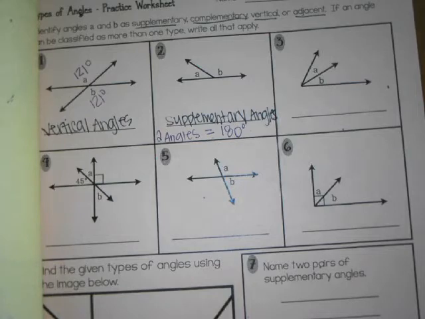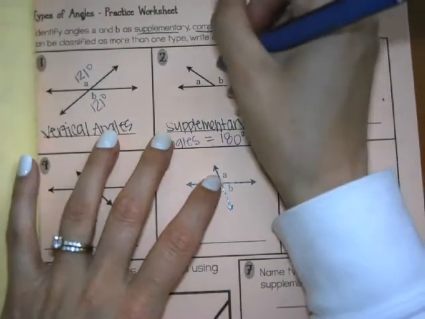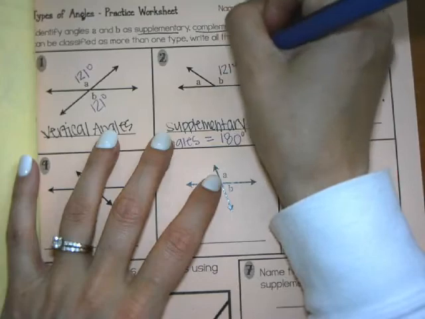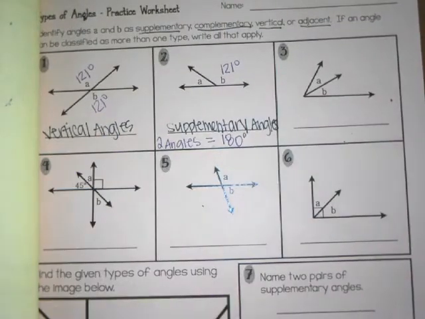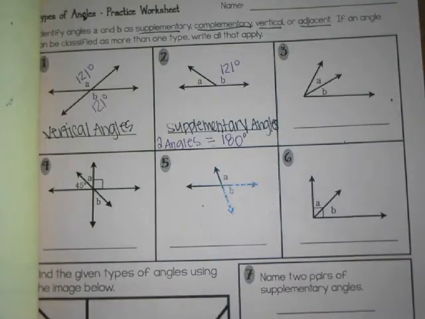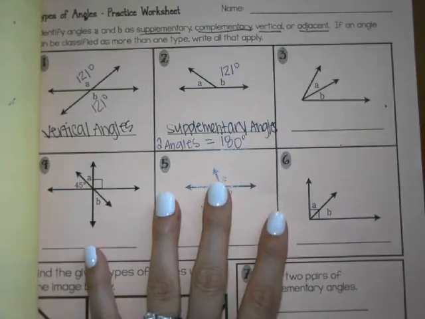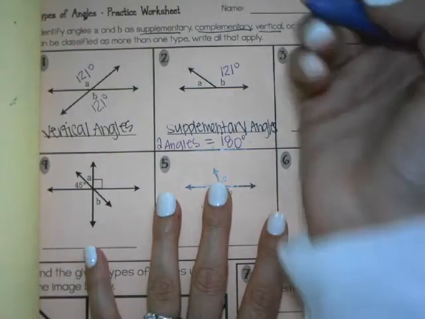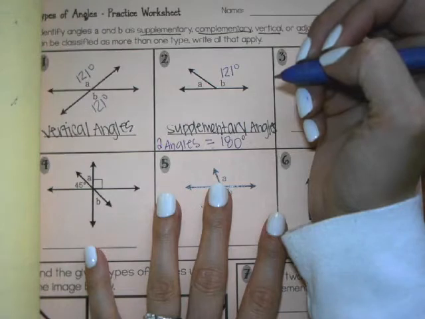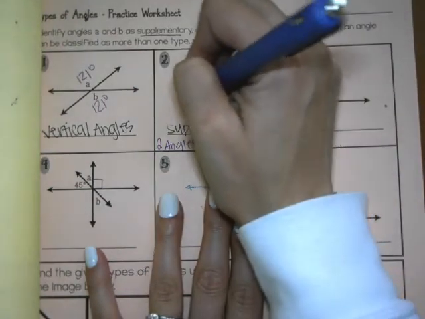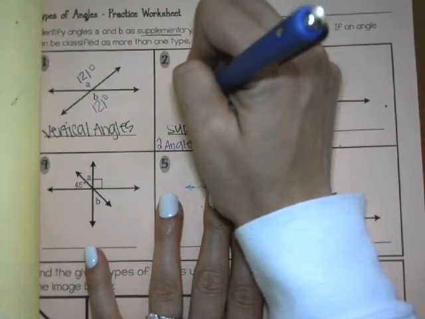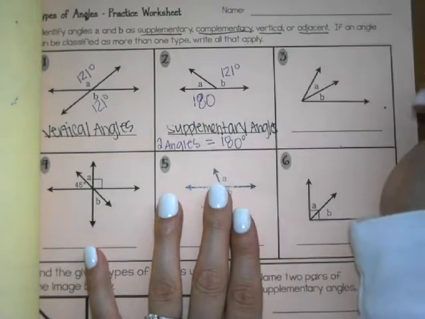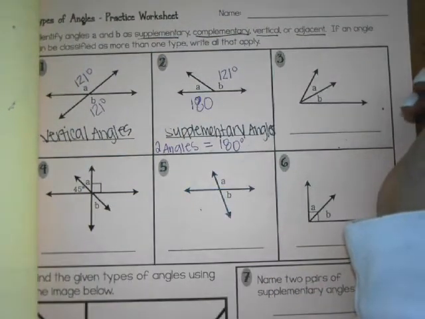So let's do that. If I were to tell you that B was 121 degrees, I want to know what angle A is. How would I figure out the measurement of angle A, Claire? Absolutely. So if you want to find what angle A is, you would do 180 because we know it's a supplementary angle.